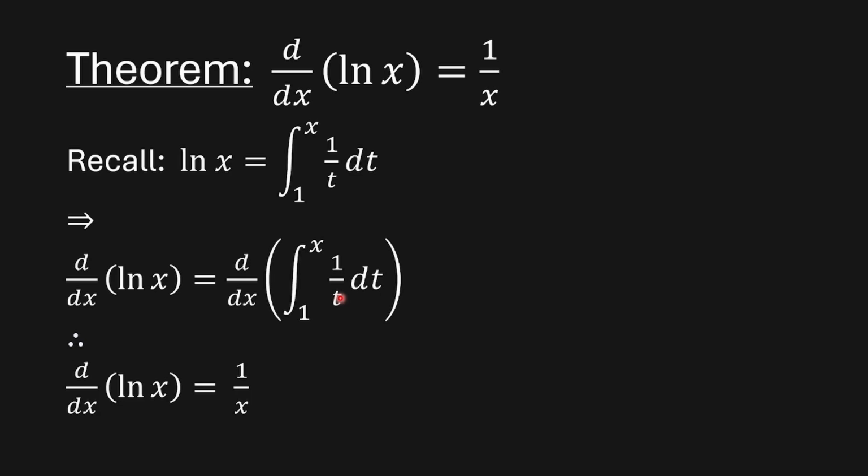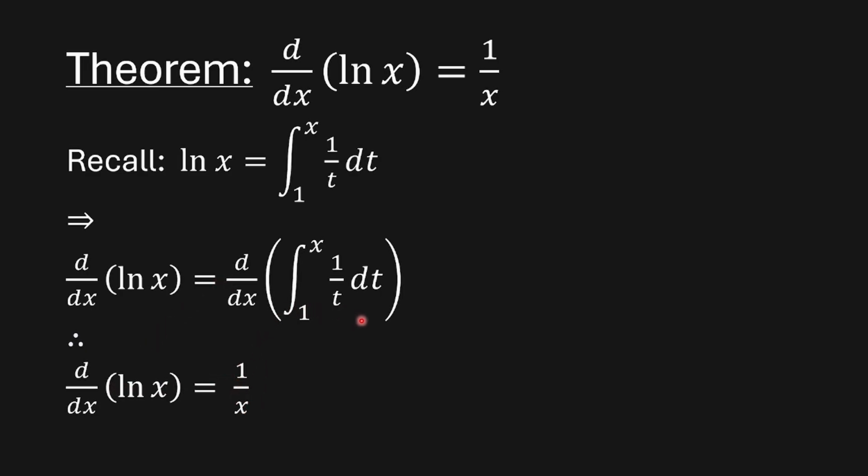So theorem: the derivative of the natural logarithm is equal to 1 over x, and I'll be referring to the natural logarithm as ln x for the rest of this video. Recall, ln x is equal to the integral from 1 to x of 1 over t dt. This implies that taking the derivative of both sides will give us 1 over x.